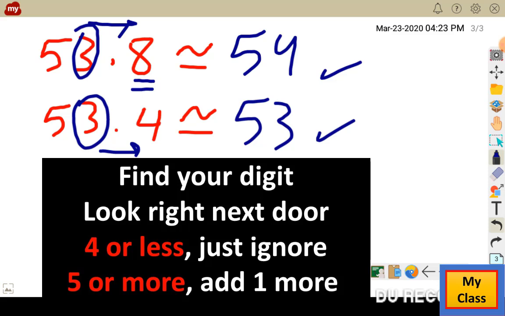Find your digit, then look right next door, and we apply our rule: 4 or less, ignore. 5 or more, add one more, and this is it. You will use it forever.